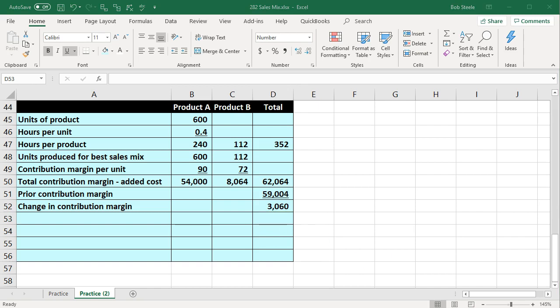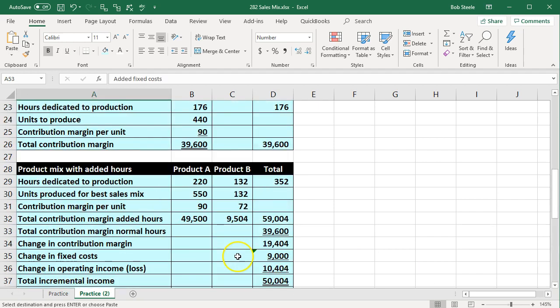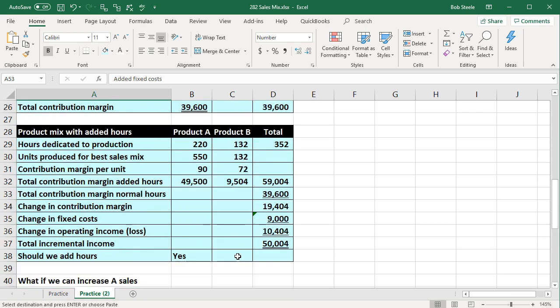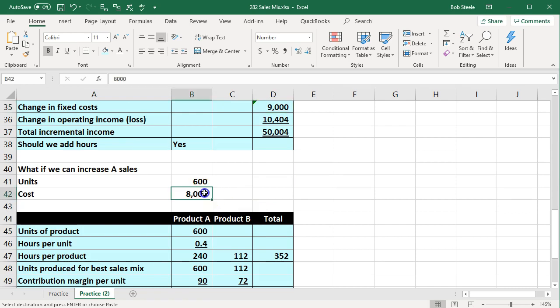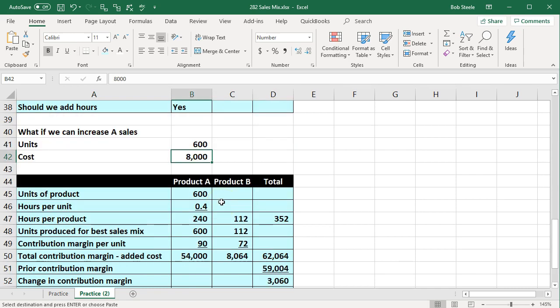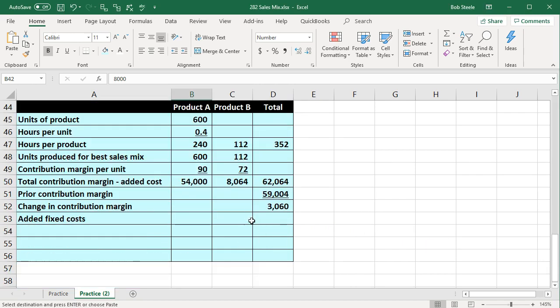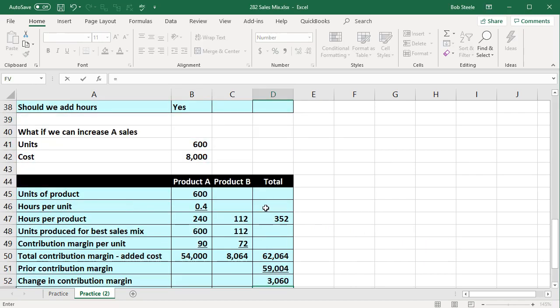Now, the only added cost that's a difference between these two items is going to be the added fixed costs, right? Because again, the fixed cost was added under this scenario. The change is going to be this 8,000 added fixed cost. So let's say this equals the 8,000.